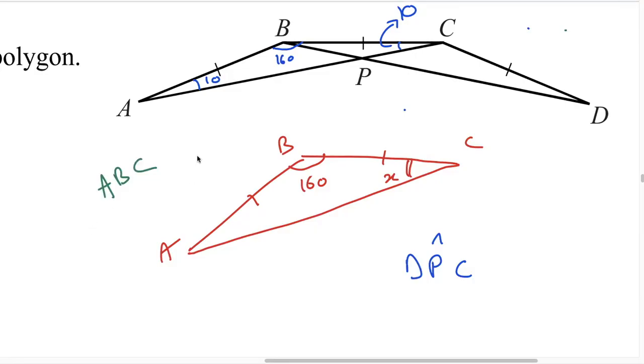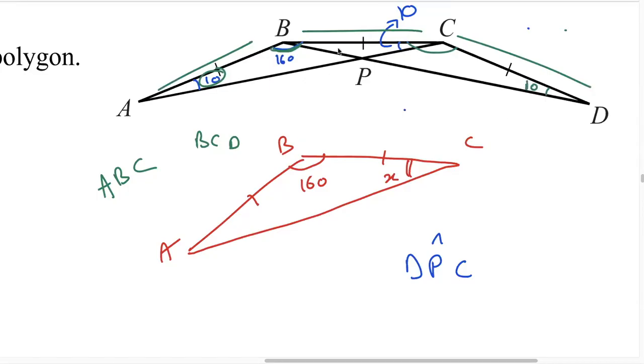And then if we have a look at BCD, both are 100% same. Because AB is side of polygon, BC same polygon, CD same polygon. And if we talk about this left side, if this was 160, this is still 160. We already knew that these corners are 10 each. So this should be 10 without solving.